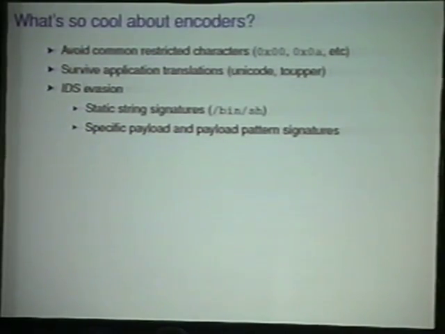Since all of our stuff is run through an encoder anyway, that's going to be transformed, and it's not going to be on the wire anymore. So if any IDSs are trying to look at specific things that are characteristic of a payload, like /bin/sh, we can mutate it and pretty much avoid any detection on the encoded payload.